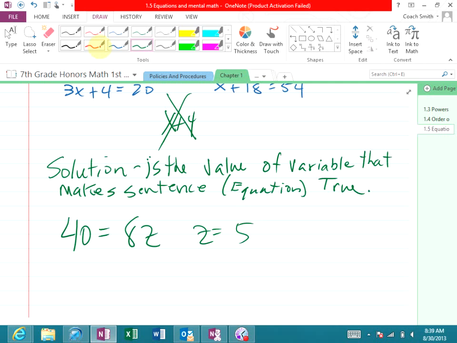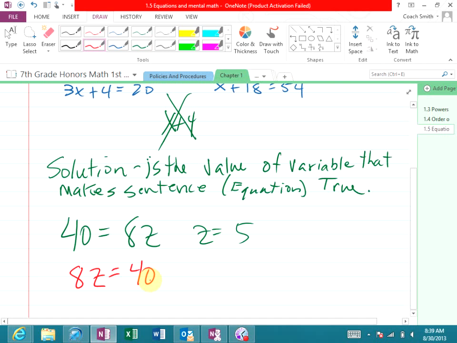Now, let's review for a second here. 8z equal to 40 is the same thing as 40 equal 8z. It's the same exact thing. They're not different. In other words, I can take both sides of the equal sign and flip it over to the other side, reverse the order, and it's still okay.